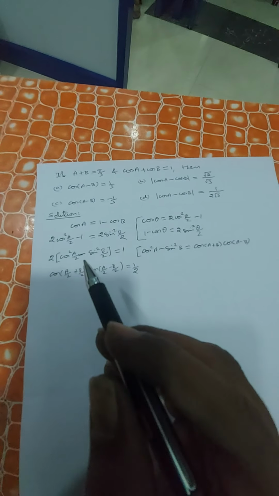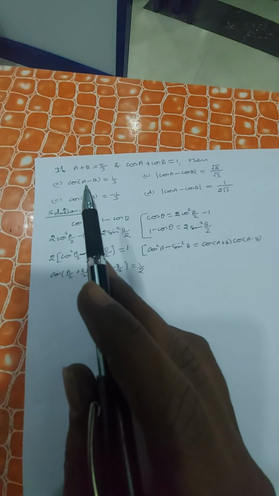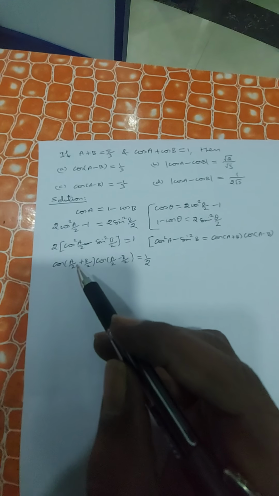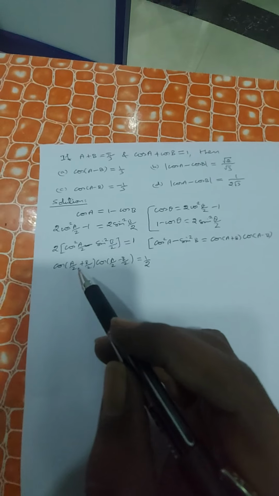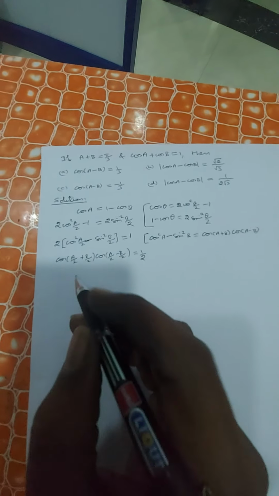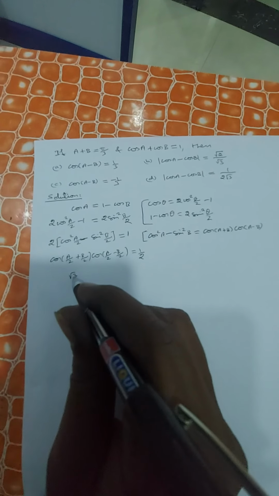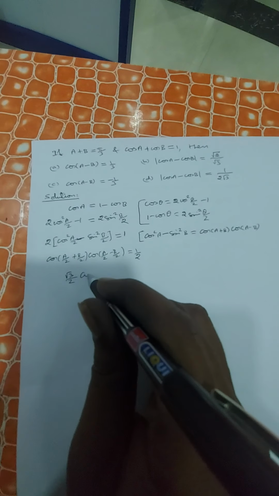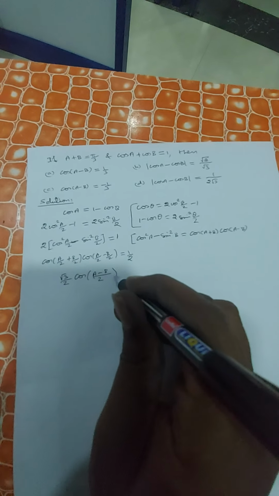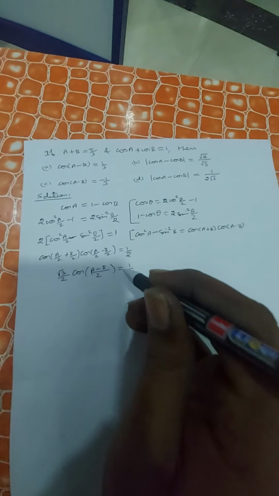Now we have the value for a plus b. a plus b equal to pi by 3, 60 degrees. So here a plus b by 2 will be replaced by 30 degrees. We know very well cos 30 degrees is root 3 by 2. So root 3 by 2 into cos of a minus b by 2 equal to 1 by 2.